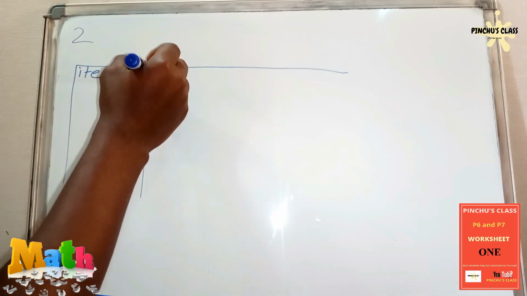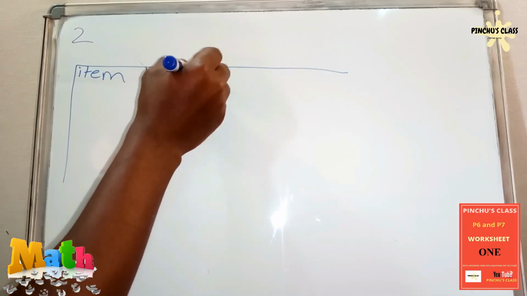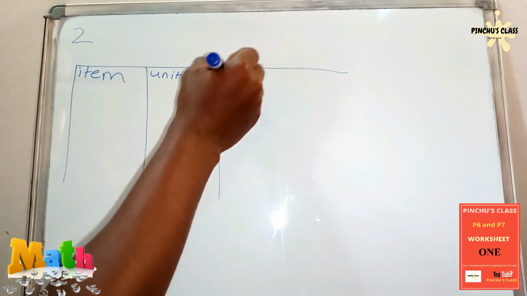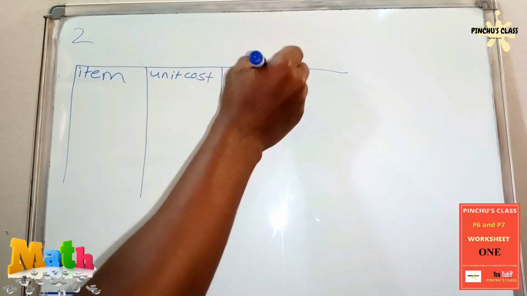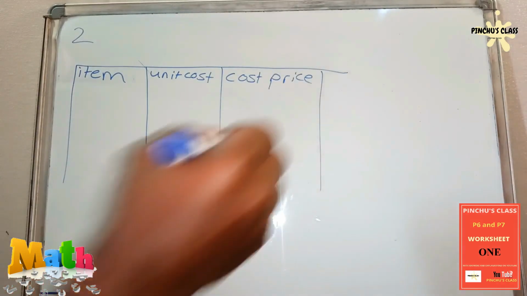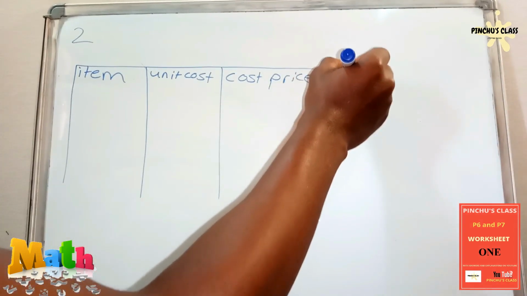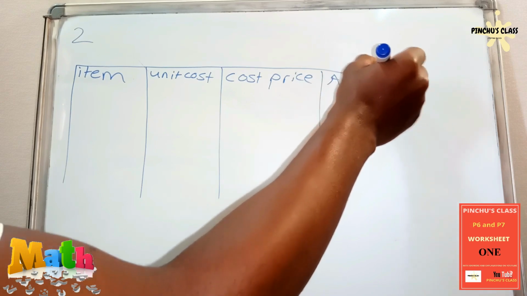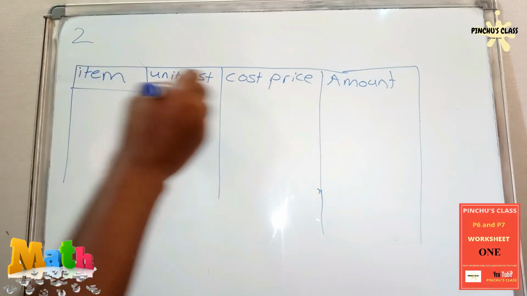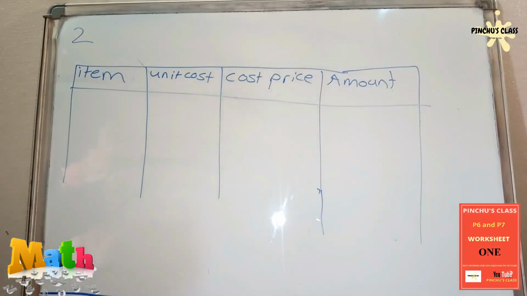The unit cost. Then we shall have the cost price. Cost price. And then the last one will be the amount. The amount. So that's the table. Now this simplifies the work.